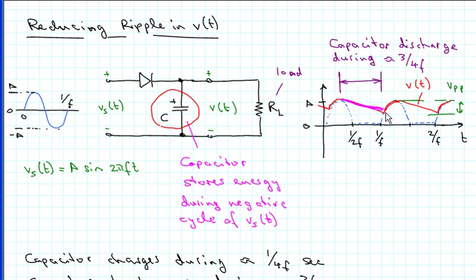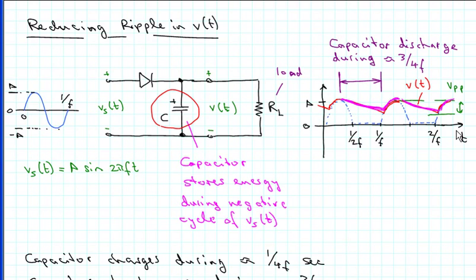And then when the diode conducts and the positive half cycle is here, then the capacitor gets charged up again, and then it keeps discharging and charging up and so forth.